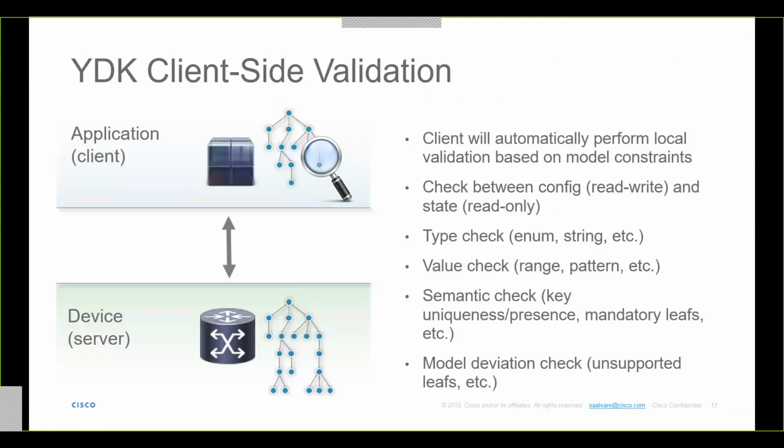The script would automatically detect that, hey, I'm talking to a box that is already telling me that it doesn't support certain functionality. If your script is trying to talk to that box, the script will locally do the validation and will throw an exception saying, hey, you're trying to set this value in a box that already told you that it doesn't support that. So this is a huge reason behind using these APIs. It's not the only value, but this is one of the key benefits.